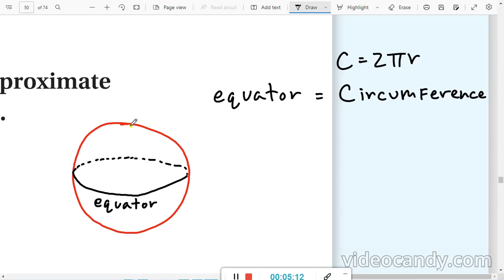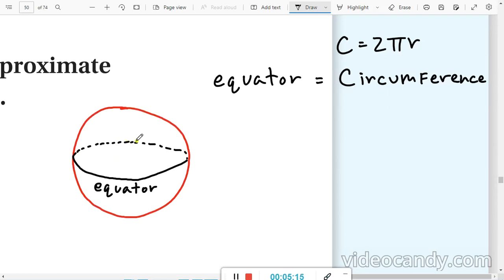So here's a rough sketch of the Earth. Obviously the equator goes around the Earth, and since the equator circles the Earth, the equator is basically the circumference of the Earth. It's the distance around. And we know the formula for circumference is 2 times pi times r. So I am going to set the distance that they gave us equal to the circumference formula.